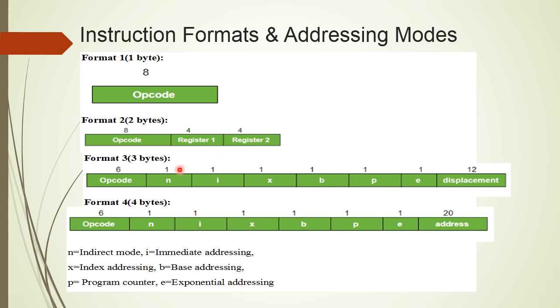Then format 3, of length 3 bytes. So out of 24 bits, the first 6 bits are for the opcode.